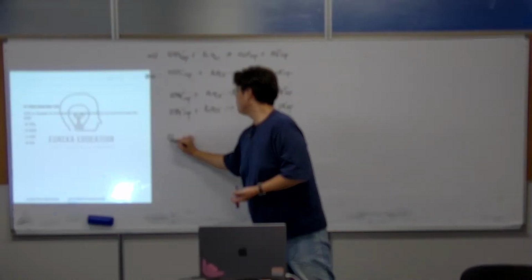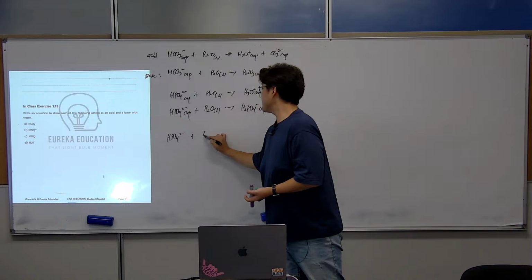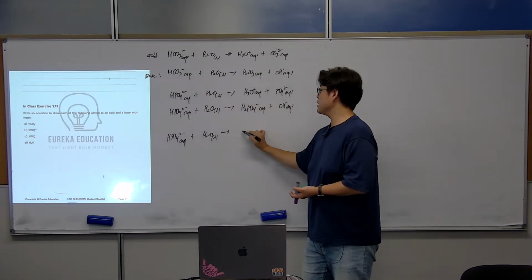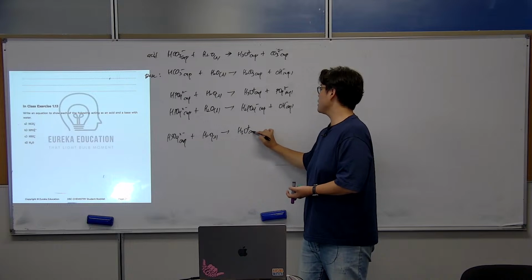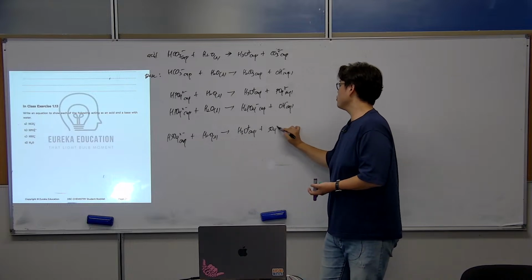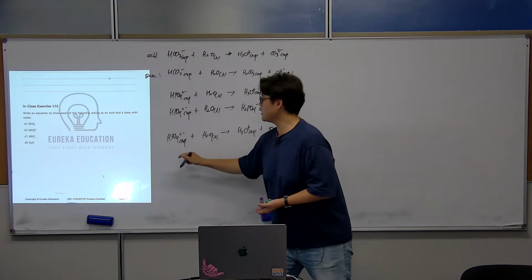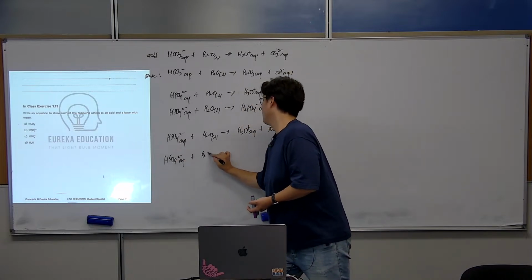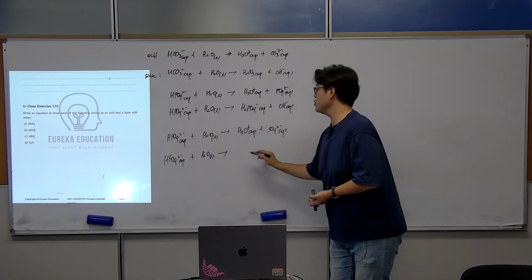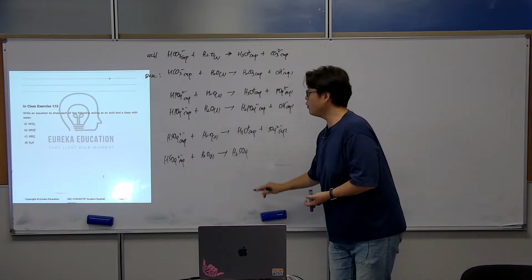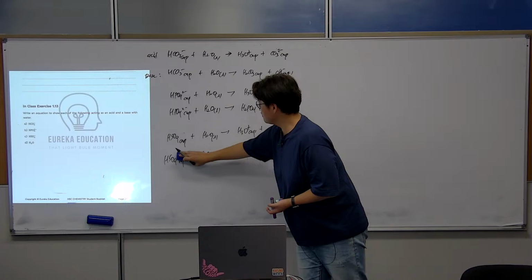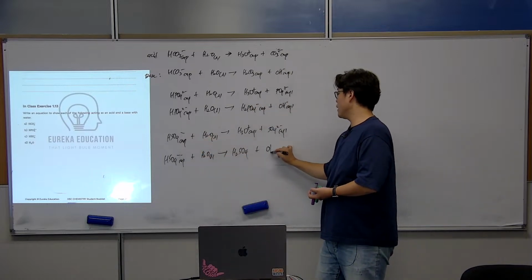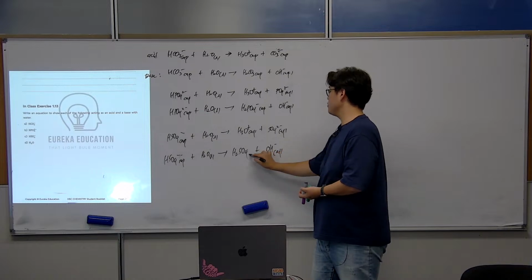HSO4 minus working as an acid means leaving H3O plus aqueous and having SO4 2 minus. And if that's working as a base, then it becomes H2SO4, and OH minus aqueous will be formed.